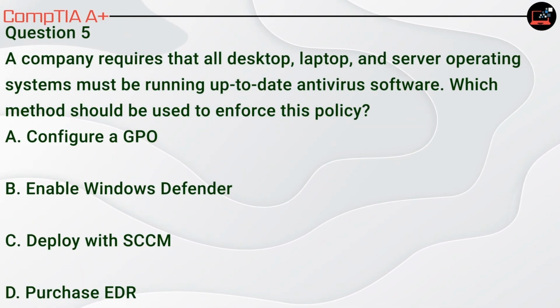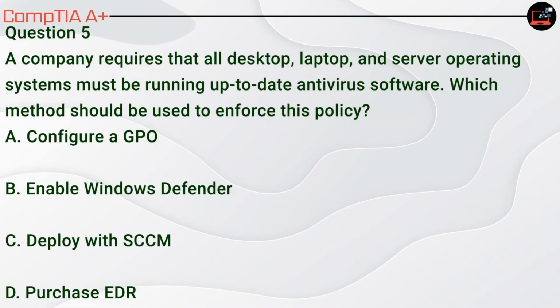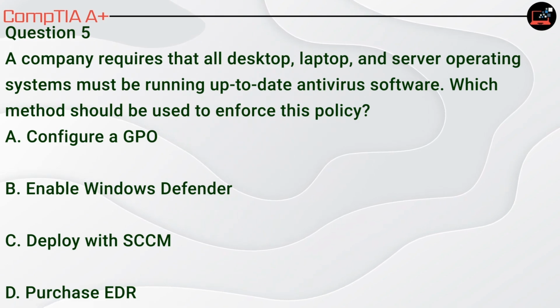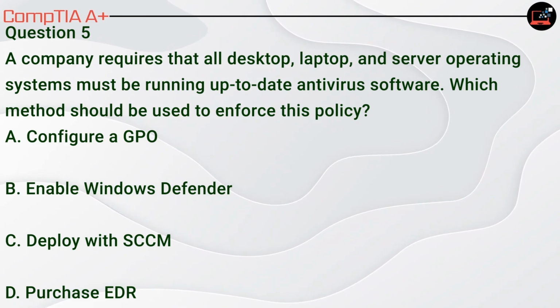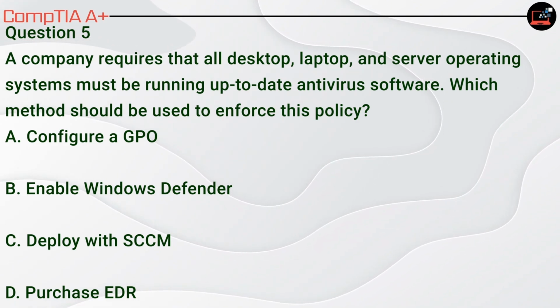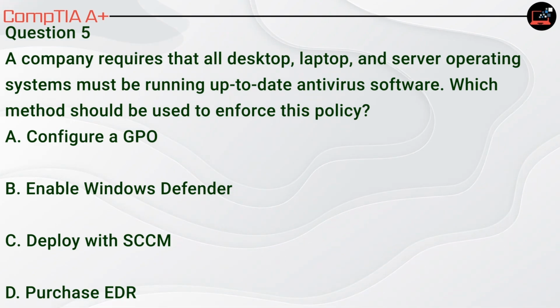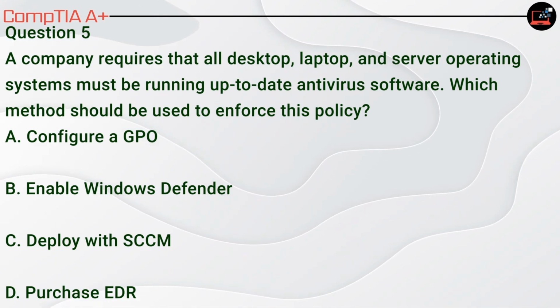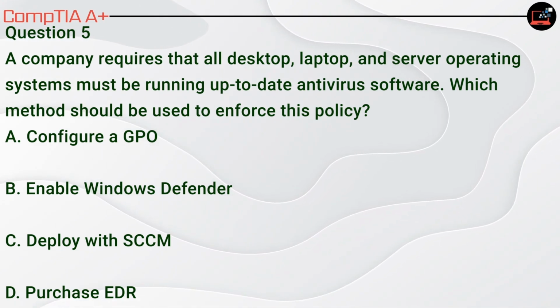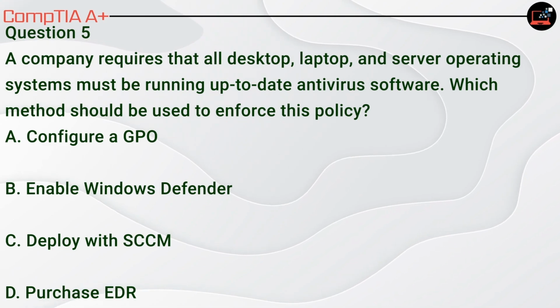Question 5. A company requires that all desktop, laptop, and server operating systems must be running up-to-date antivirus software. Which method should be used to enforce this policy? A. Configure a GPO. B. Enable Windows Defender. C. Deploy with SCCM. D. Purchase EDR.